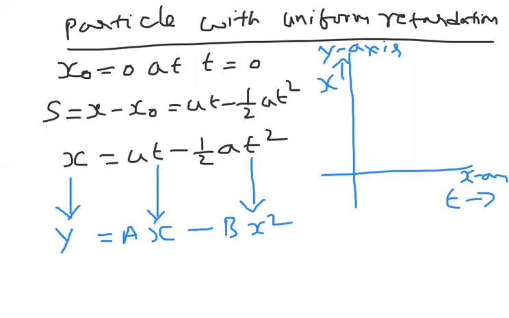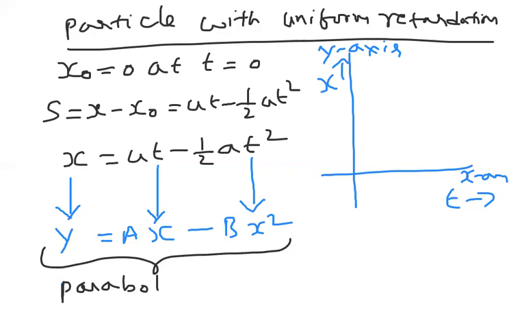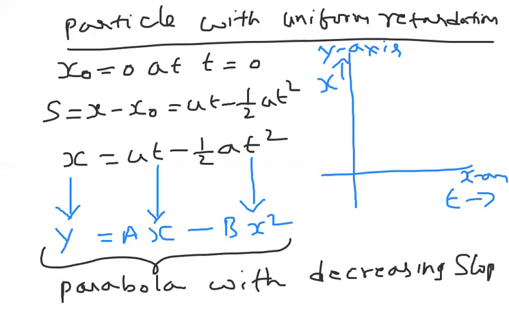That indicates this is the graph for a parabola with decreasing slope. So this indicates a parabola with decreasing slope. y equal to ax minus bx square means, from this information, I have written parabola with decreasing slope.